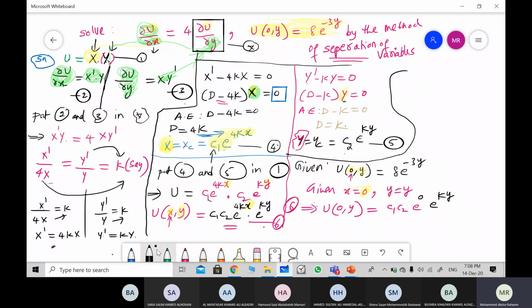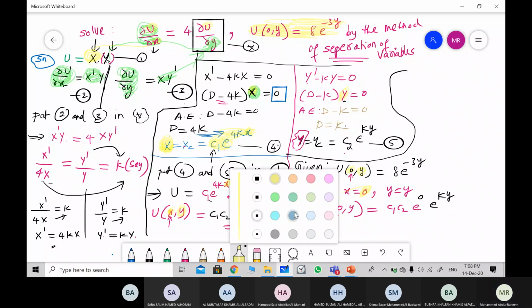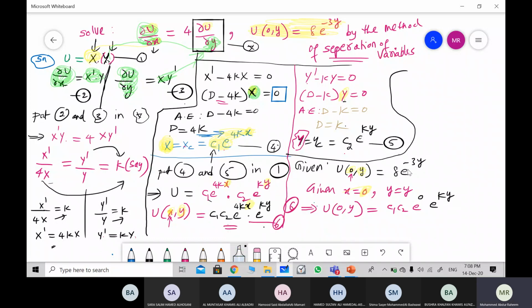If you check this, what is the value here? This same, no? This one. So I can write for this 8 e power minus 3y. Now compare.